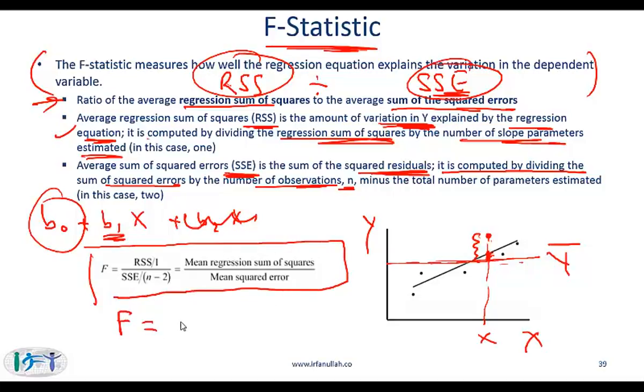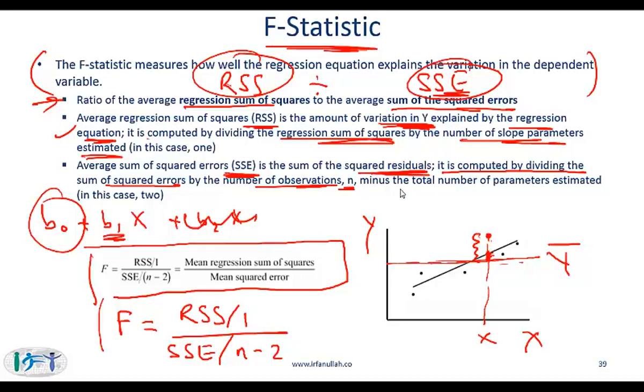What is the F stat? It is equal to RSS divided by 1, divided by SSE divided by n minus 2. This is just putting in a formula for what we have talked about. Regression sum of squares divided by 1 gives you the average regression sum of squares, and then SSE, what does this indicate?